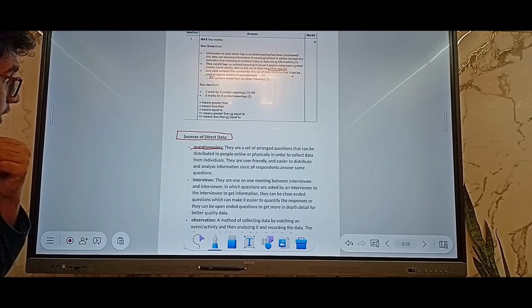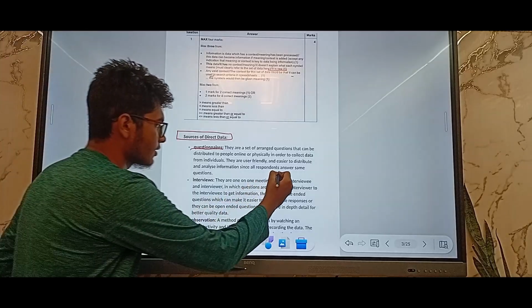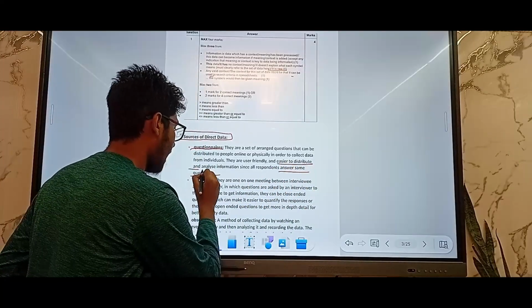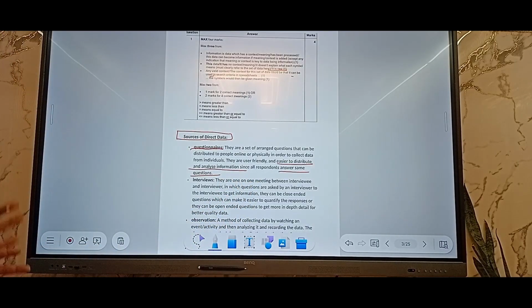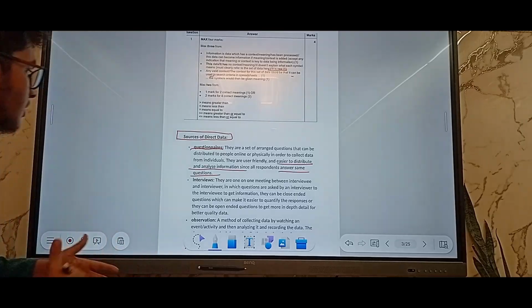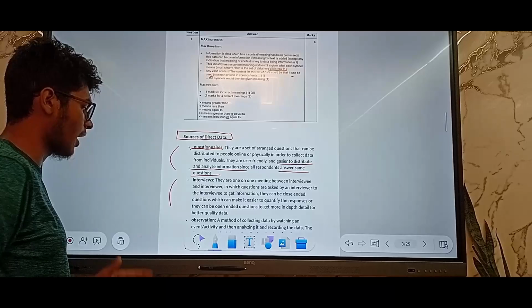They are user-friendly and easier to distribute and analyze information since all respondents answer the same questions. Easy to distribute and analyze information. These are 2 key points. I will be giving you guys a table so you can know the advantages and disadvantages, because they do ask questions about questionnaires and interviews a lot.